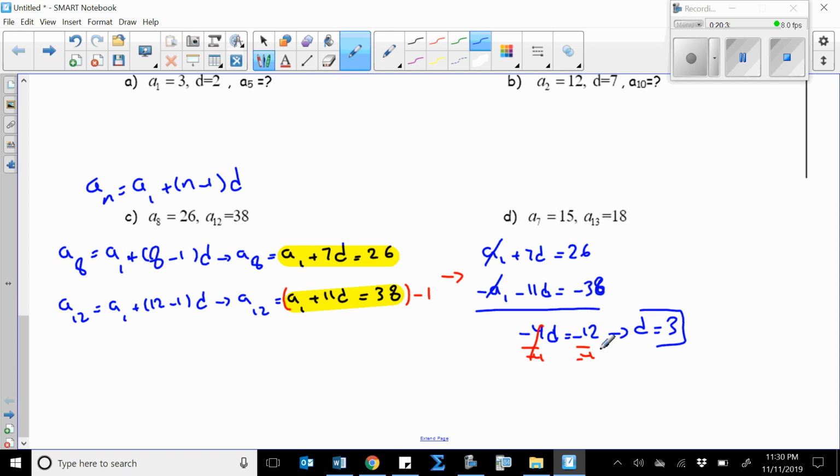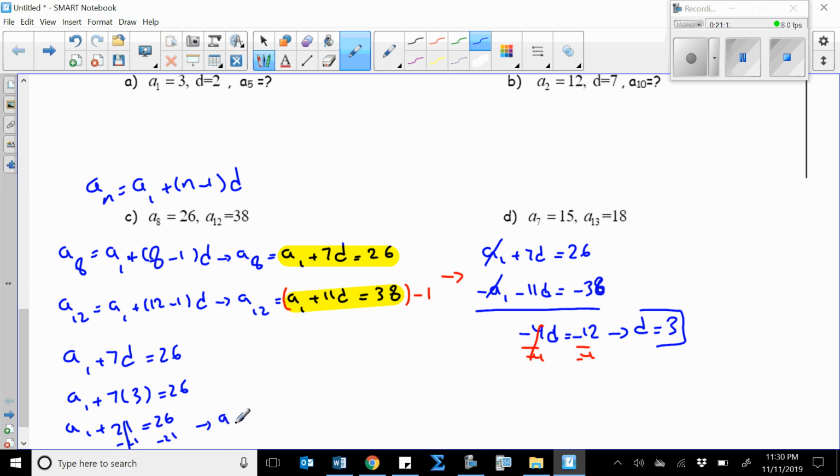Now I'm going to replace d in one of these equations and find the value of a1. So in the first one, which I had a1 plus 7d equal to 26, I replace d. The 3 will go here, so it will be a1 plus 7 times 3 equal to 26. a1 plus 21 equal to 26. Then you subtract 21 from both sides.